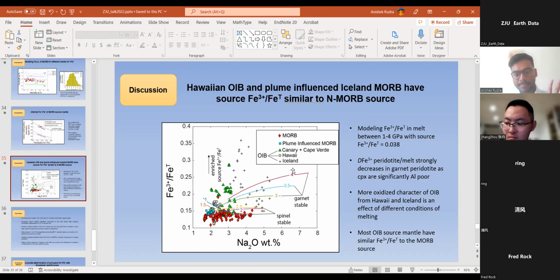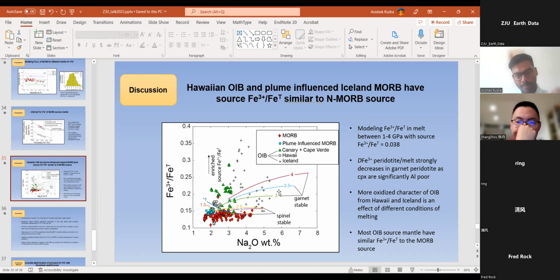But the reason why our model curves have higher ferric iron in presence of garnet is that once you stabilize garnet in peridotite, the garnet takes up most of the aluminum from the CPX and OPX. As the CPX and OPX become aluminum poor, the ferric iron compatibility goes down, because aluminum in CPX is directly related to the ferric iron partition coefficient.